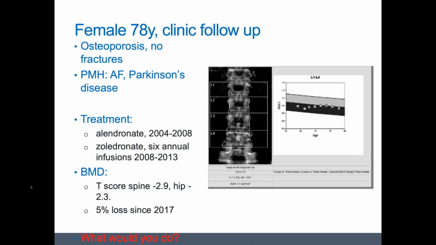And you can see on the right there that her bone density did respond to that treatment, and it's only really over the last couple of years that the bone density has been going down. So by the end of the 9 years of bisphosphonates, she'd reached a T-score of about -2.9 for the spine and -2.3 for the hip, but she's had 5% bone loss. So what are we going to do here?